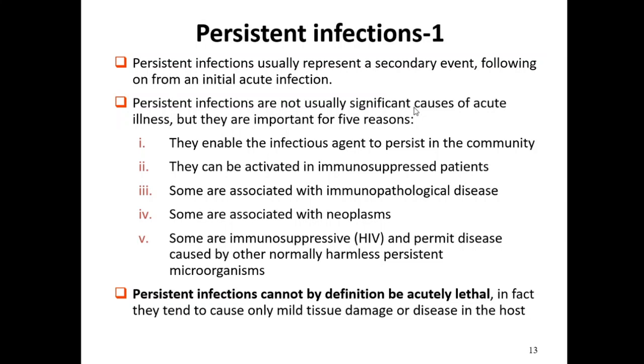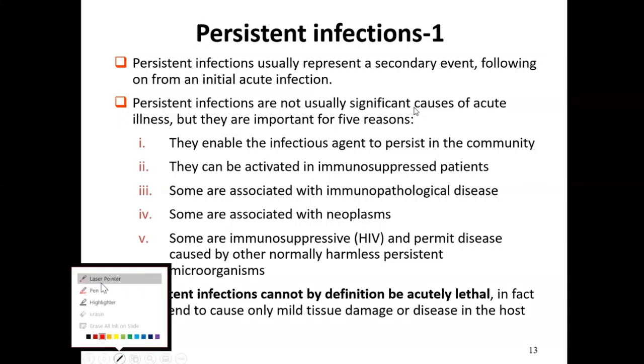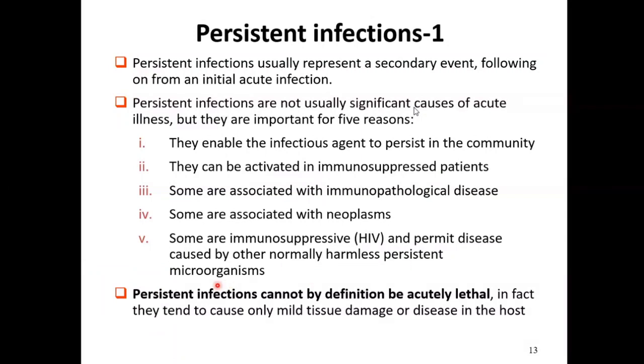And we allow problems from other harmless persistent microorganisms. So with HIV, each of the viruses which is harmless comes in. By definition, all those viruses which tend to have persistent infection cannot lead to an acute lethal phase.